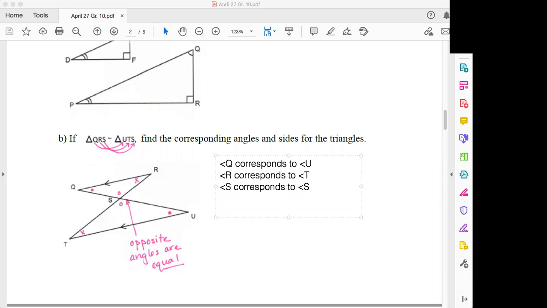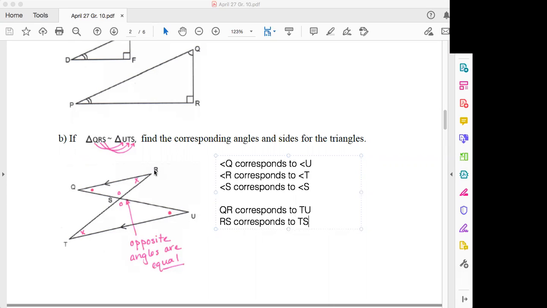Okay, and then we're going to look at these sides. So this guy is the same thing as this guy. So we've got QR corresponds to TU. So again, it has to be the same way. RS corresponds to TS.